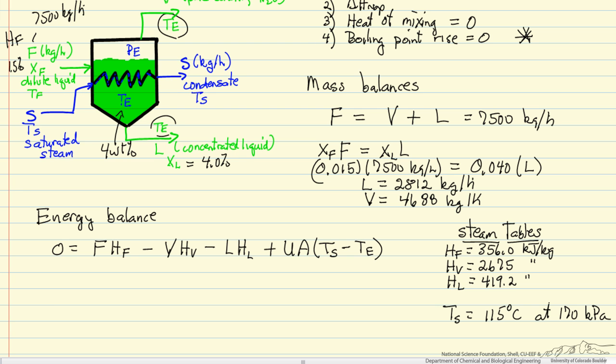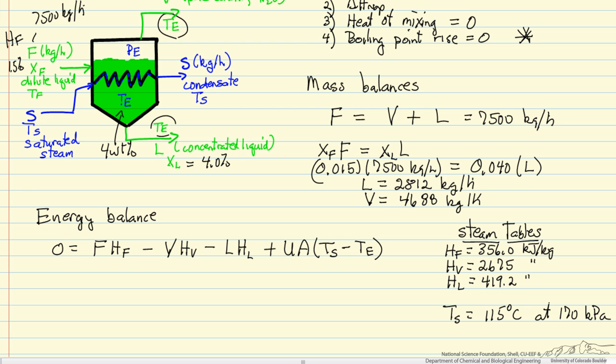We'll assume that the 1.5 weight percent solution can be modeled as pure water at 85 degrees C. We'll use the enthalpy of saturated steam at 85 degrees C as a pretty good approximation to the feed at 1 bar and 85 degrees C. Vapor at 1 bar, so 100 degrees C, and then liquid also at 1 bar, 100 degrees C. And then we look up for 170 kilopascals, the saturation temperature is around 115 degrees C.